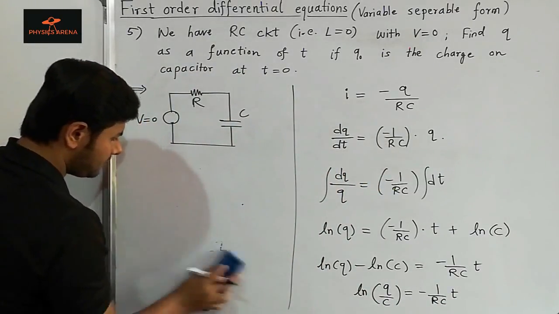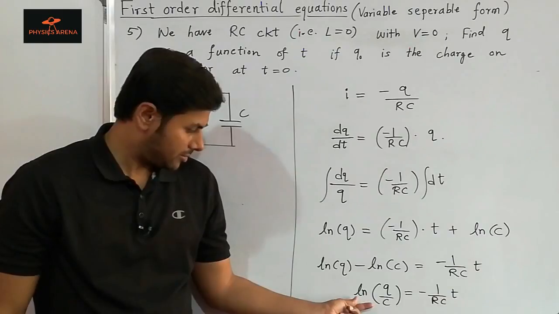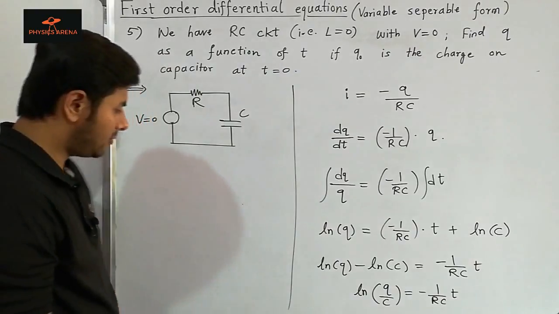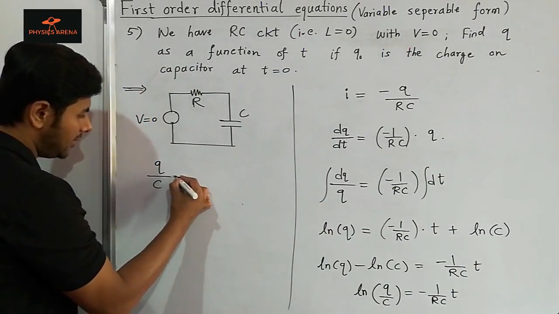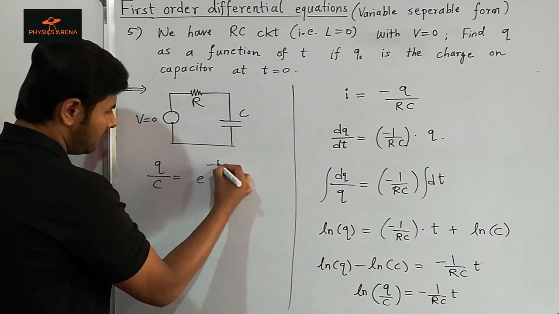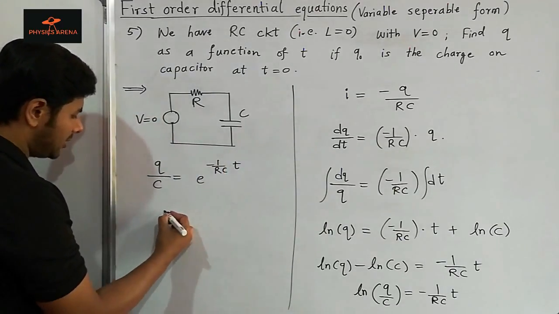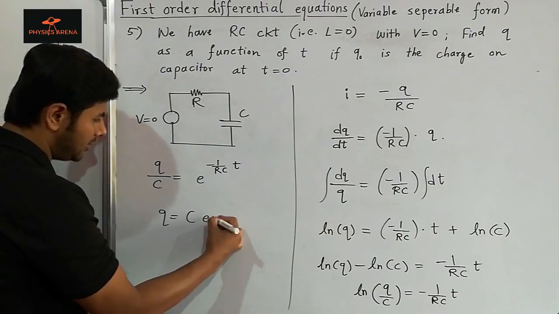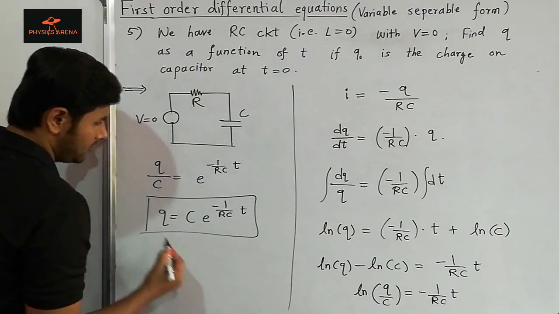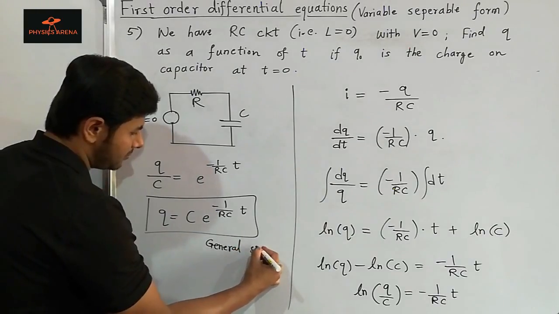Now, if we have to remove this logarithm, there will be an exponential on the right hand side. So we can write this as Q over C equals exponential of minus 1 over RC times t. And let's take C on the other side. So we have Q equals C e raised to minus 1 over RC times t. So this is again the general solution.